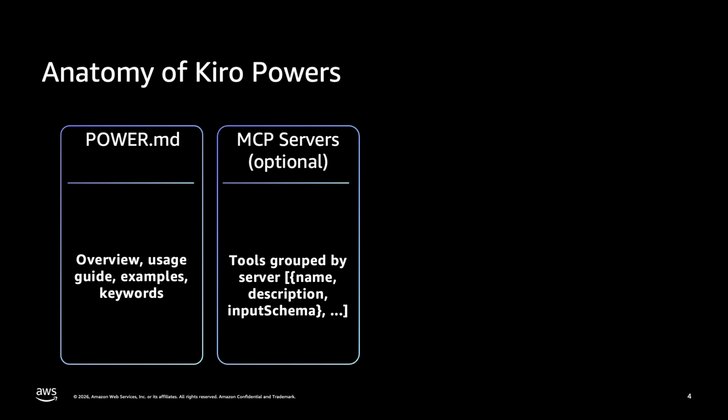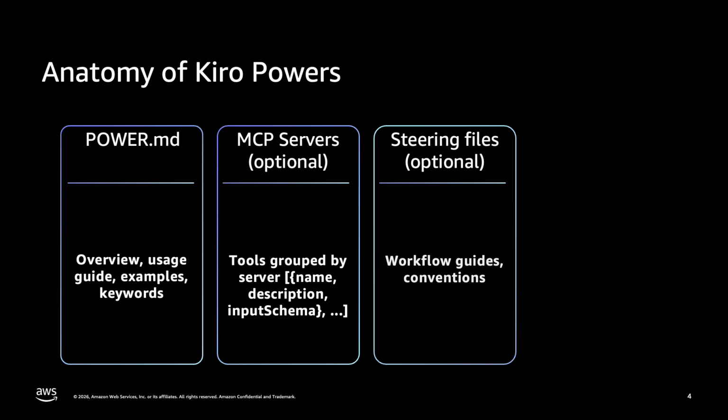The second part is MCP servers, and this one is optional. The important thing here is that these only enter context when you activate the power, not at startup like raw MCP servers. Third, you have the steering files, which are also optional. These are your workflow guides and conventions, things like how to get started, how to deploy, or how to structure your code.